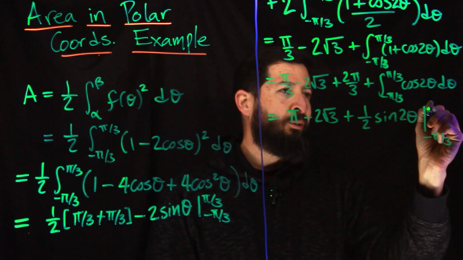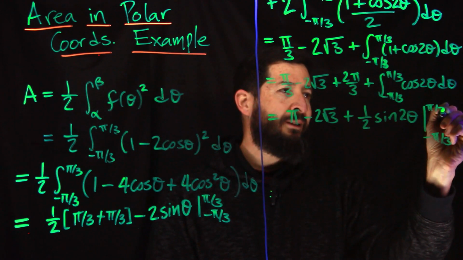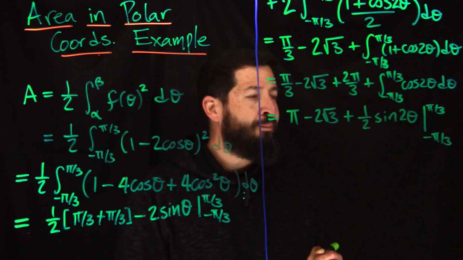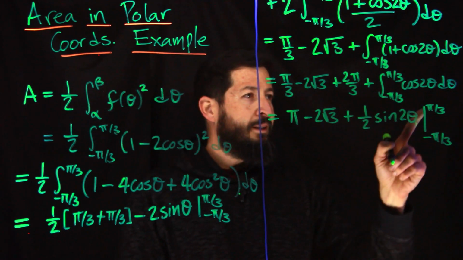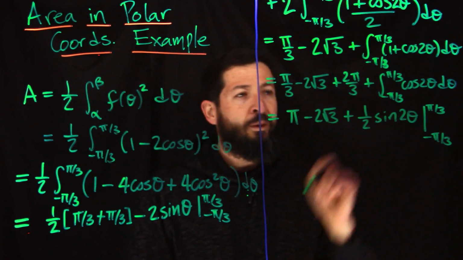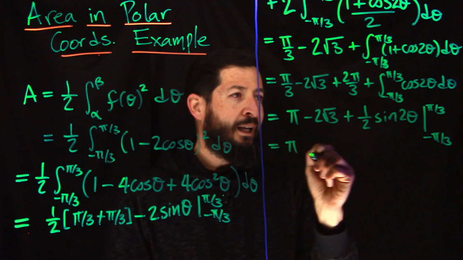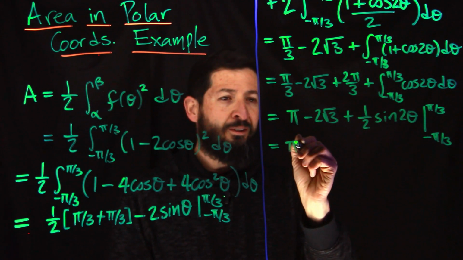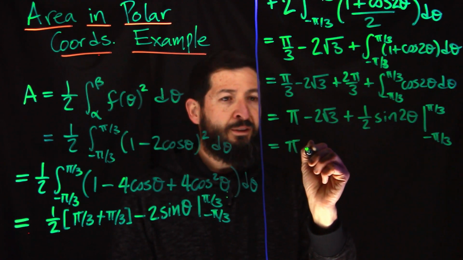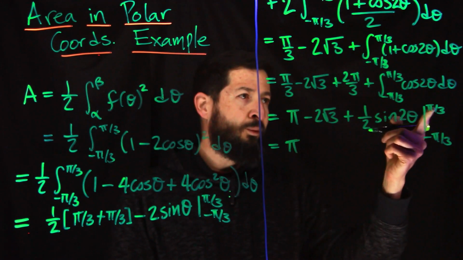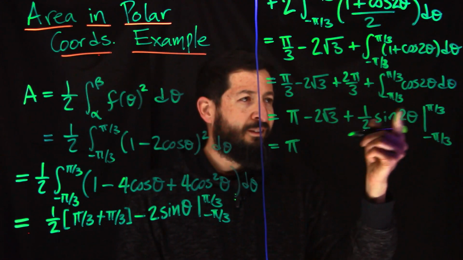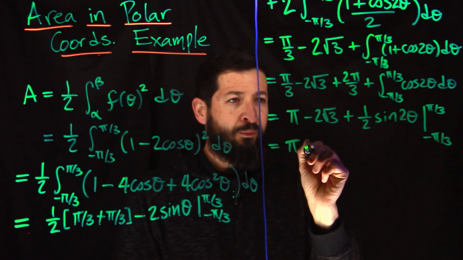But now you're going to evaluate between negative pi over 3 and pi over 3. The sine of, in this case, is going to be 2 pi over 3. Is going to give me, well, let's copy everything. Again, sine of 2 theta is still going to be an odd function. So I still can do 2 times this integral, or this sine, sorry. But we'll get to that when we get to it.